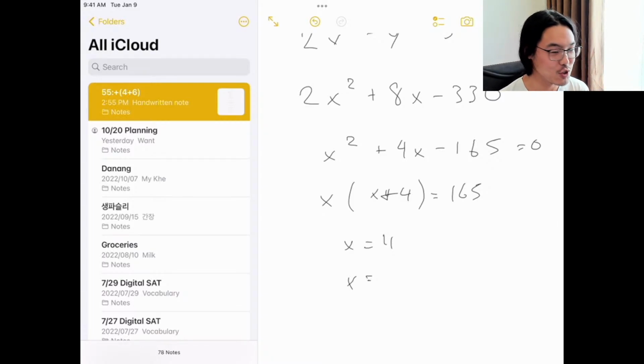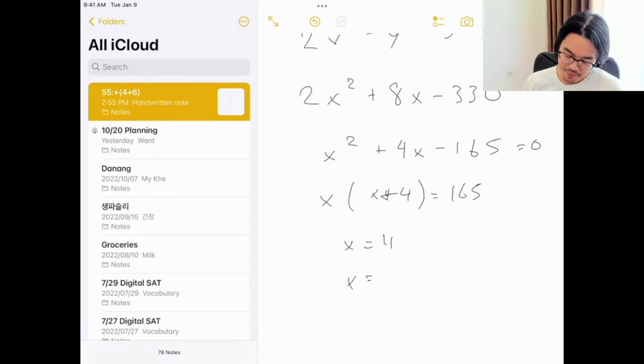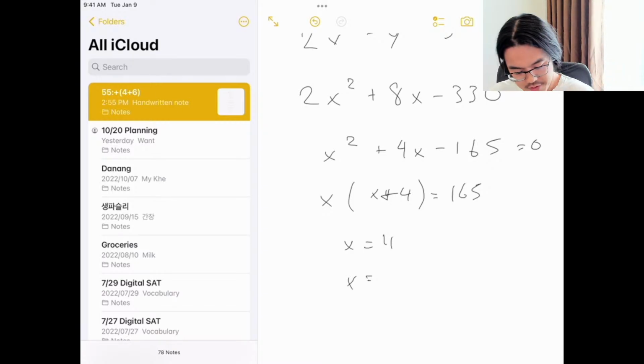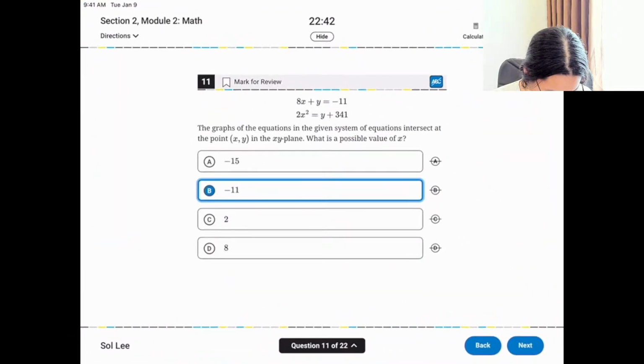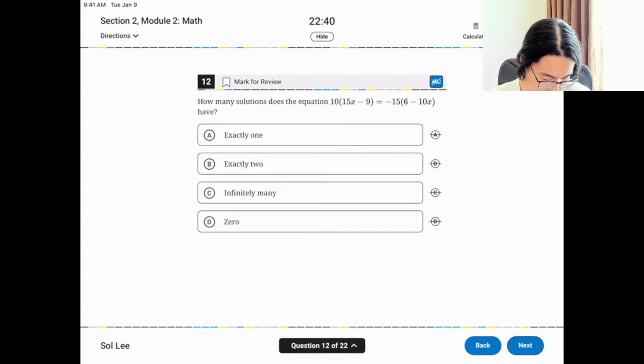I'm gonna be a stubborn Asian boy. So I think the other one is minus 15, times minus 11 is the same thing, so minus 15 is the other choice. There we go. Whew.